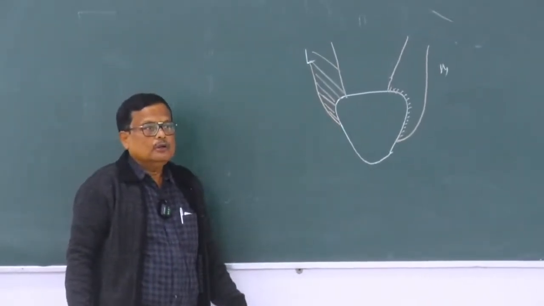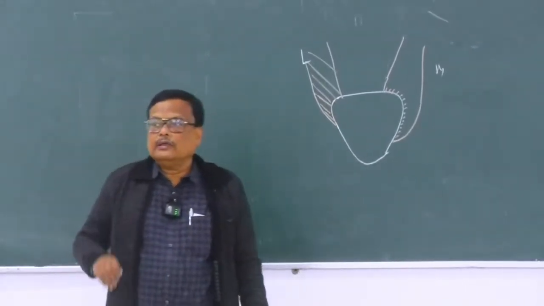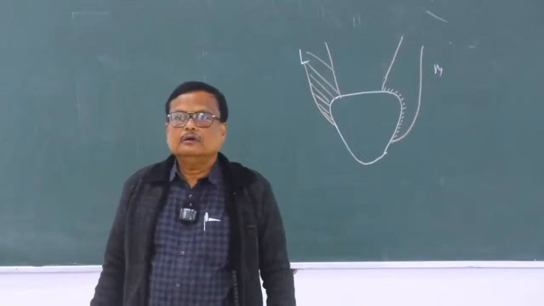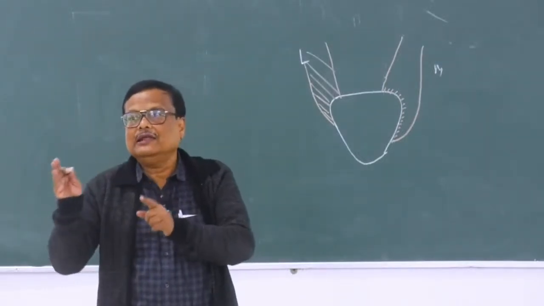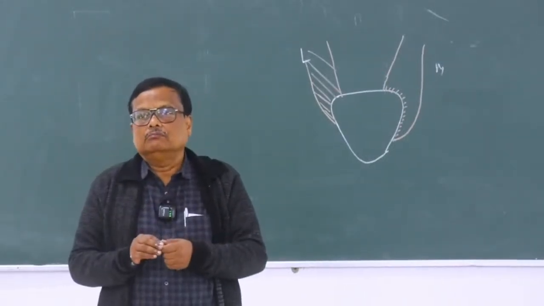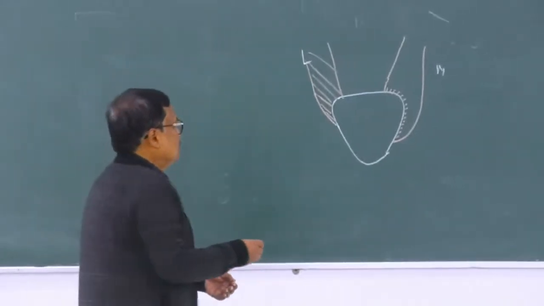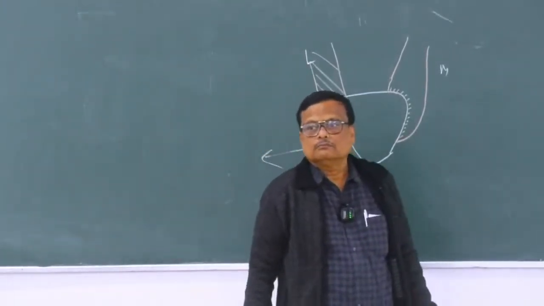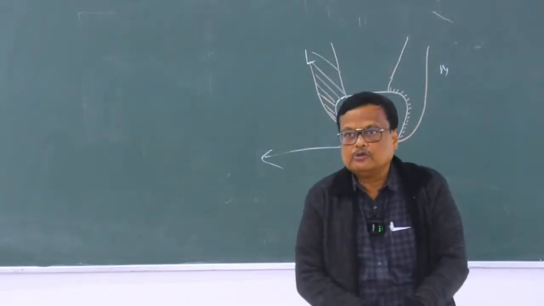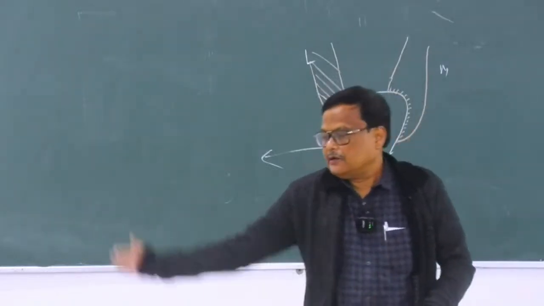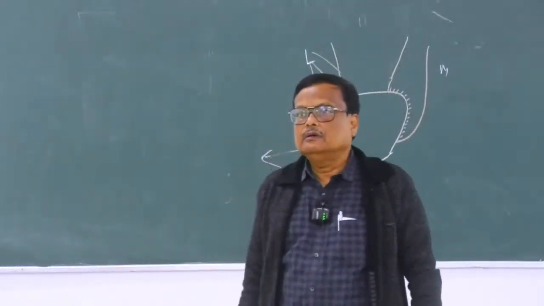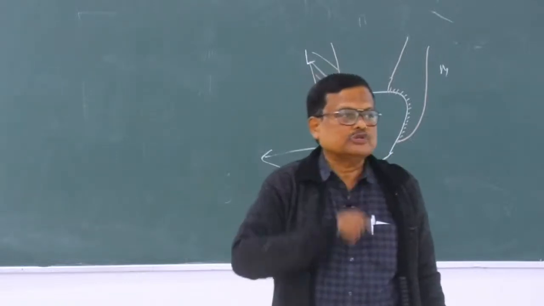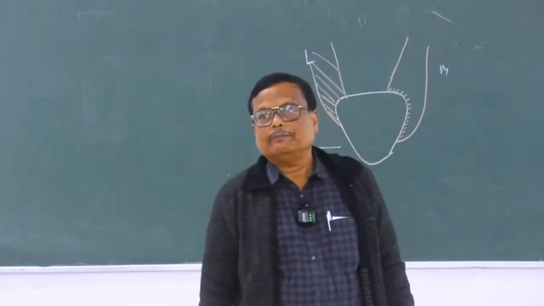So, in our every movement, there is a natural tendency of the patella to move laterally. Whenever we move, the patella wants to go laterally. So there would be a lateral dislocation of the patella.